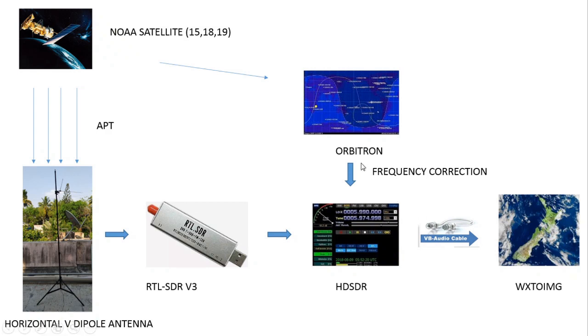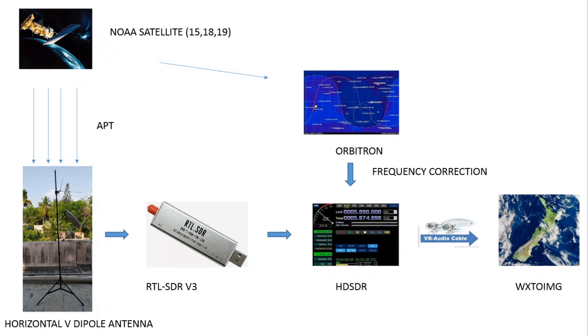We use a software called Orbitron, which is a satellite tracking software. This software tracks the movement of NOAA satellites 15, 18 and 19. The Orbitron software is connected to HDSDR using DDE drivers. The Orbitron software performs constant frequency correction of HDSDR software.